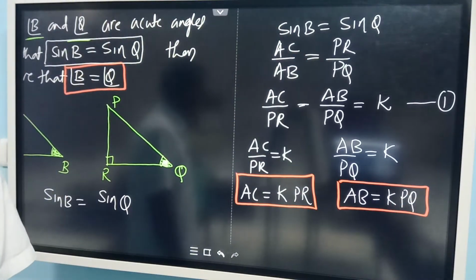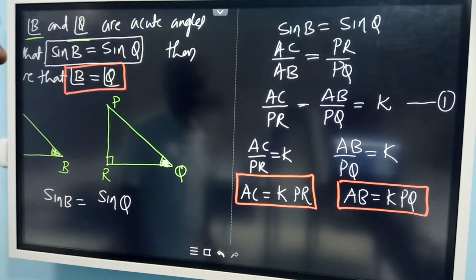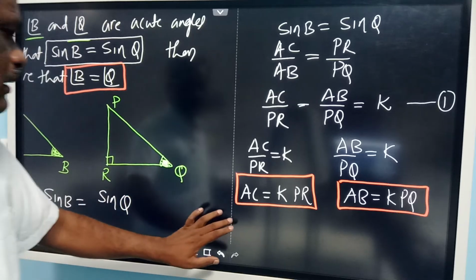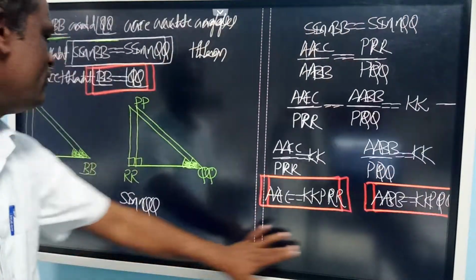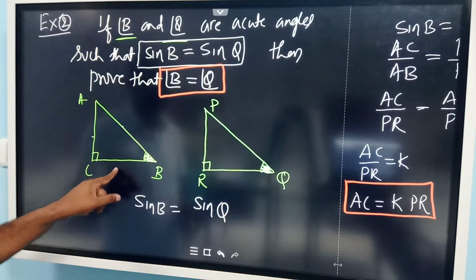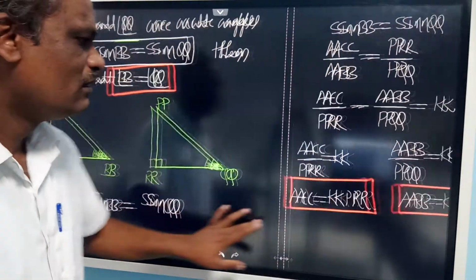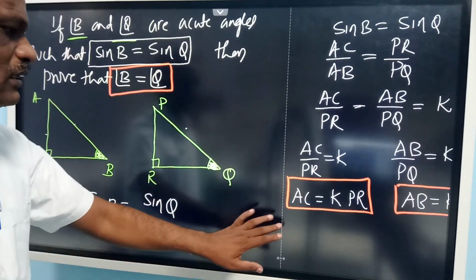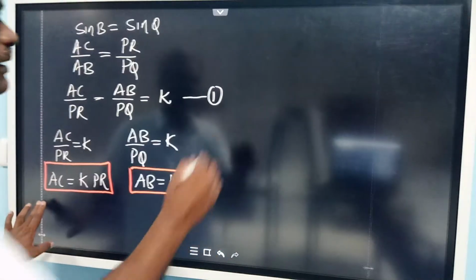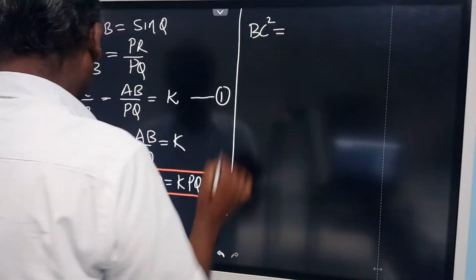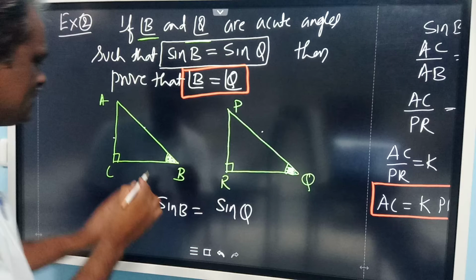Now use Pythagoras theorem to find out the value of BC. See, we have AC and AB. What is left out here? BC. In this triangle, PR and PQ are given, and we want QR. So let us find out this BC here. BC square, look at this diagram, apply Pythagoras theorem.